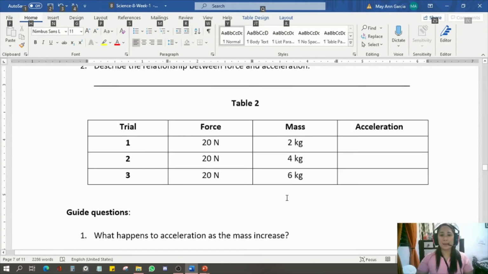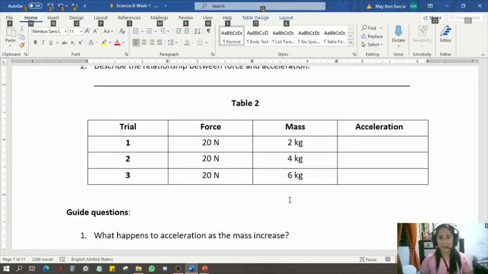Okay, then next, let us proceed with table number 2. In table 2, again, there are 3 trials, but if you're going to notice the table, the forces in this case are all constant. So, yung forces naman natin ang pare-parehas, while the mass is increasing. What happens to its acceleration?